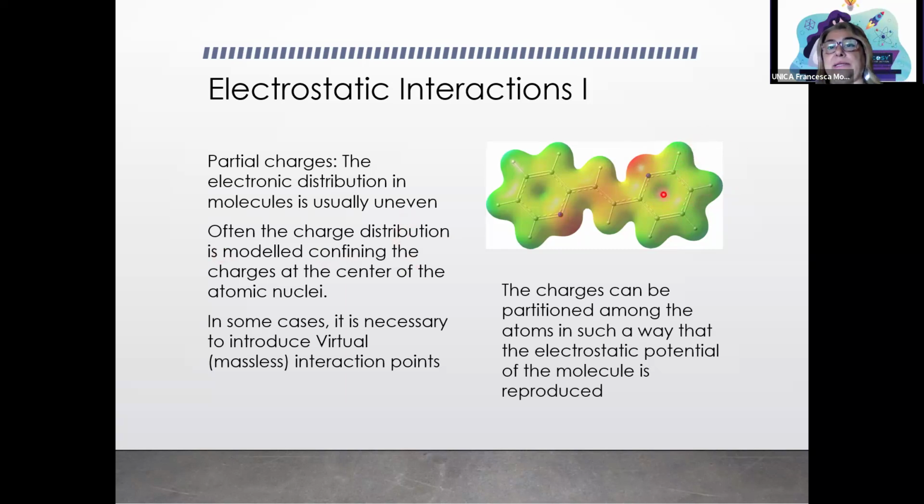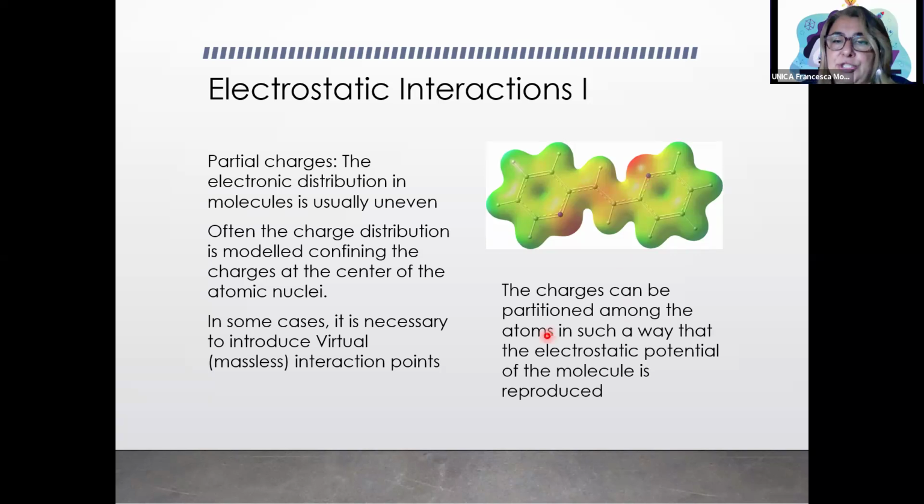In classic simulation, we do not have the electrons. When we use molecular mechanics with a force field, we no longer have the electrons. We have particles which are typically centered at the center of the nucleus. And how do we reproduce the effect due to this uneven distribution of the electrons?